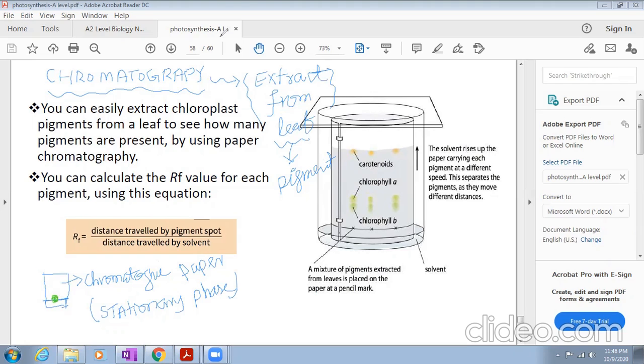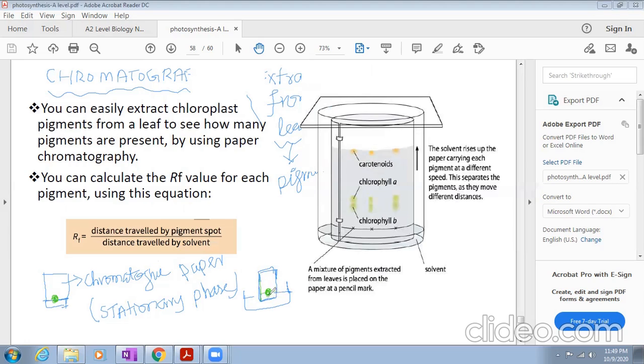After that we will take this chromatographic paper containing the pigment, and we will take a solvent. We can take an alcohol solvent, like ethanol. Is it okay? And we will keep our chromatographic paper in that. Am I clear? That chromatographic paper already has the extract.